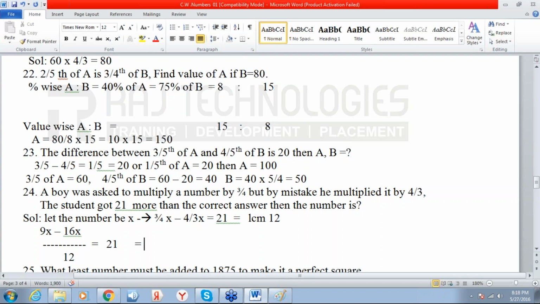We need not take the negative, just take 7x, because here we are taking only the difference.